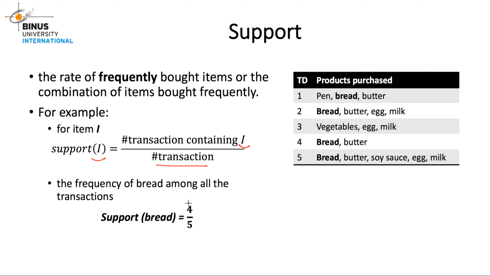For example, support of bread. We can see how many times bread is bought in this data set: 1, 2, 3, 4. So we have 4 out of 5 transactions. So the support of bread equals 4/5.